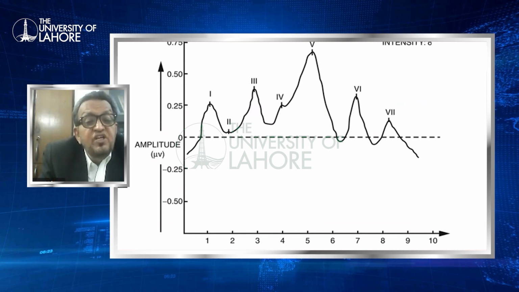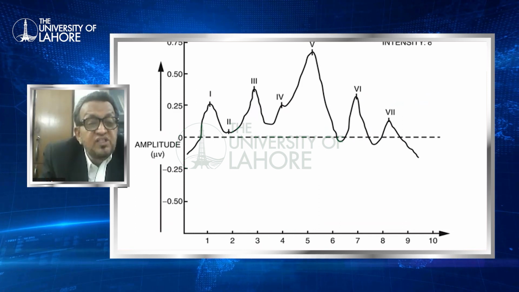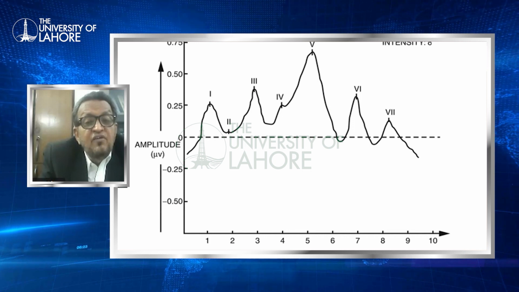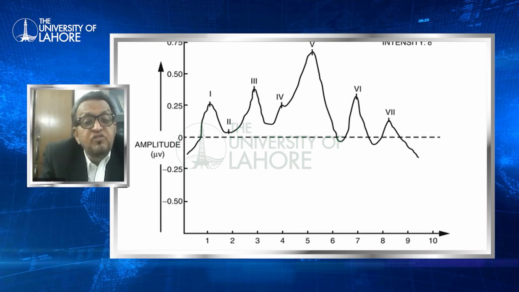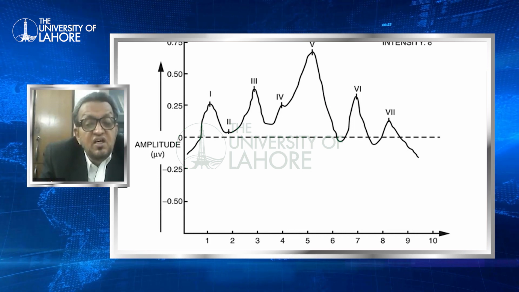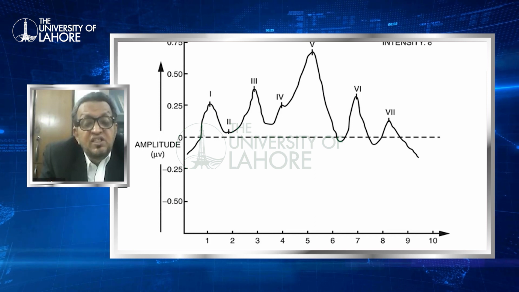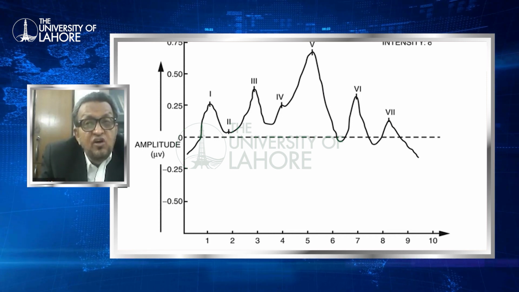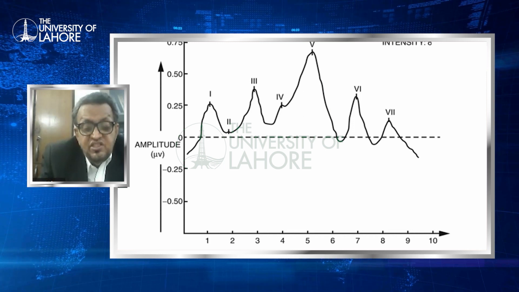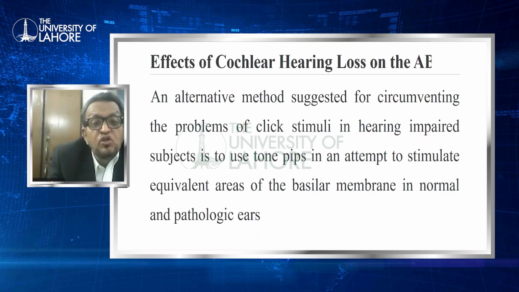Usually wave 3 is between 3 and 4 milliseconds, and wave 5 between 5 and 6 milliseconds. Wave 4 is between 4 and 5 milliseconds. These are the norms, but obviously the exact norms will depend on the age and on the intensity. So at 80 dB NHL, those are the norms.